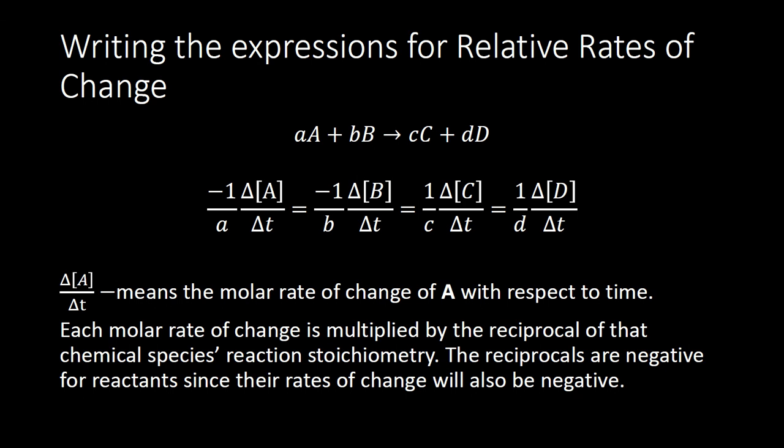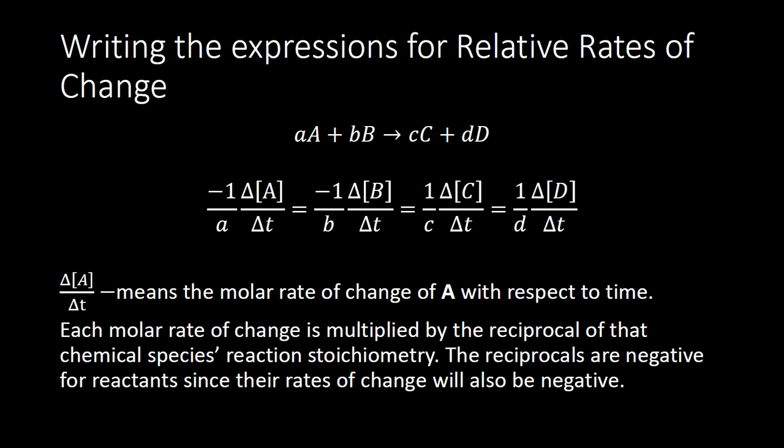Therefore, anytime you have a reactant, since its rate of change is going to be a negative value, we'll have to make the reciprocal a negative reciprocal. That way, a negative value times a negative value will be positive, and that will allow us to still equal any of these expressions on the product side.